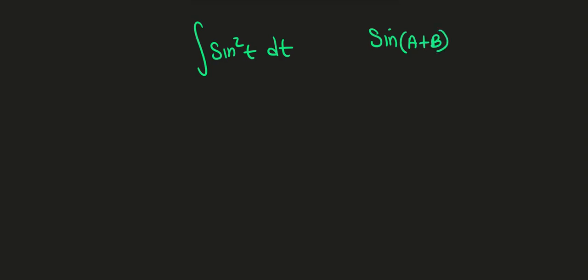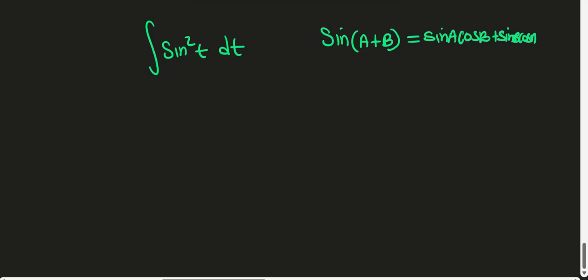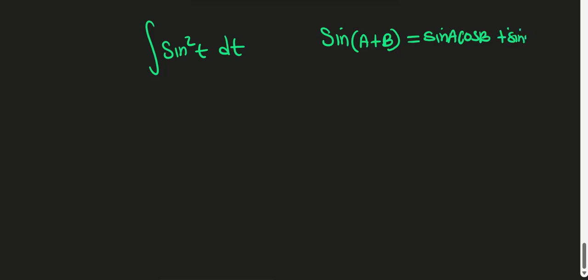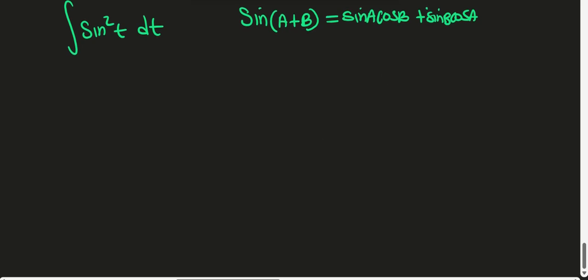Sine A plus B is equal to sine A cos B plus sine B cos A. Just correct that quickly. Sine B cos A. Okay, this is just one of them.